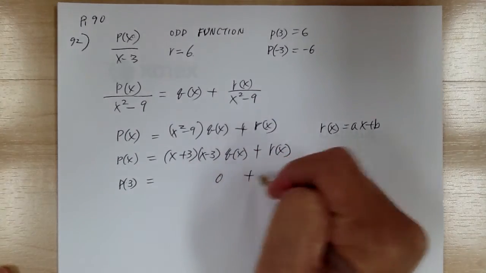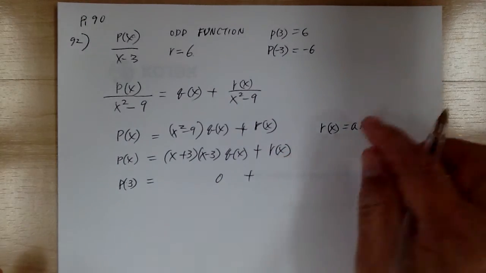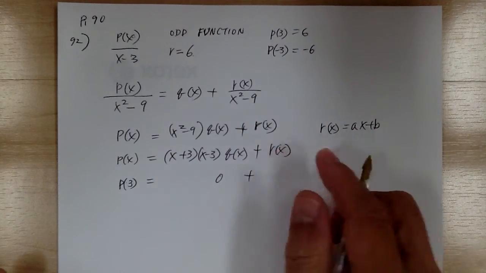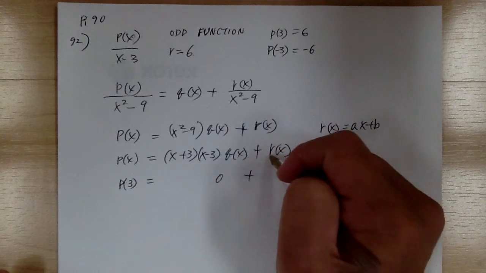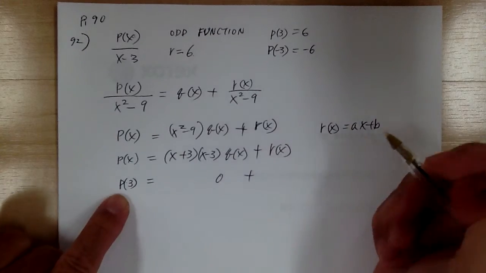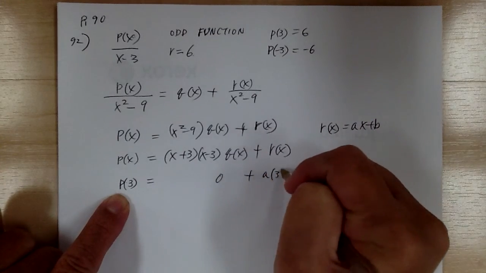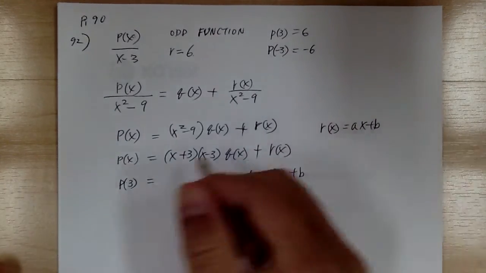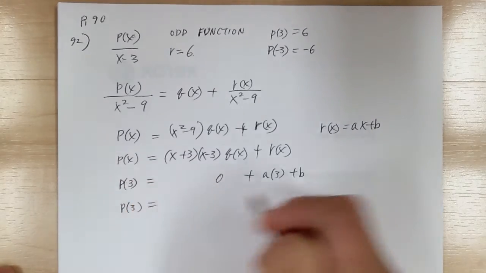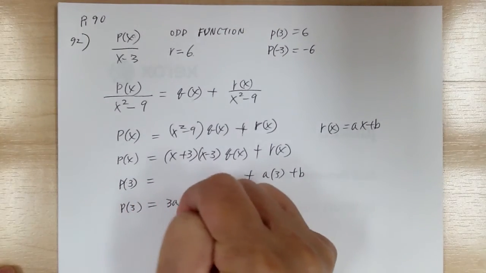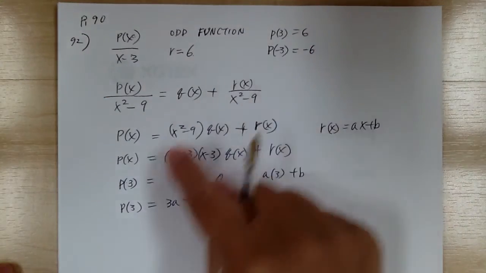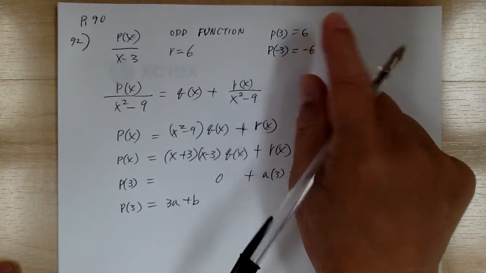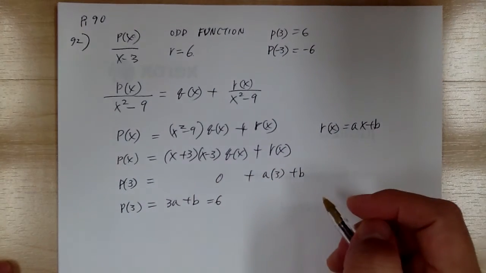So it becomes 0 plus, and we substitute into ax plus b. So x equals 3 gives a times 3 plus b. So p of 3 equals 3a plus b, and we know p of 3 is equal to 6, so we set this equal to 6.